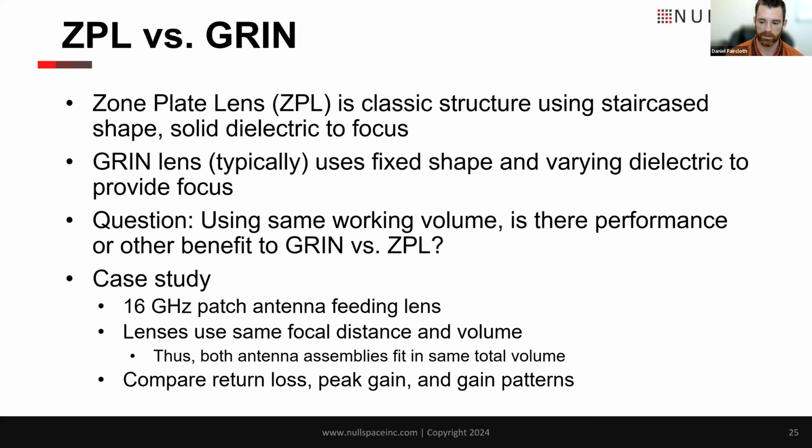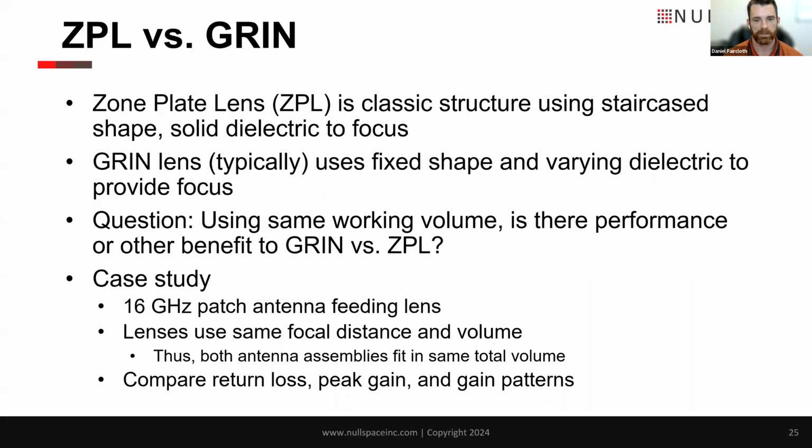So there's already some precedent, depending on your RF performance requirements, for choosing a zone plate lens over a traditional, say, spherical lens or something like that. And so the question is, does the Grin lens, with its added design freedom, give us a further advantage over what could be done with a zone plate lens?